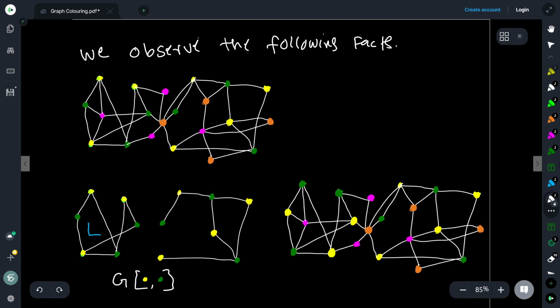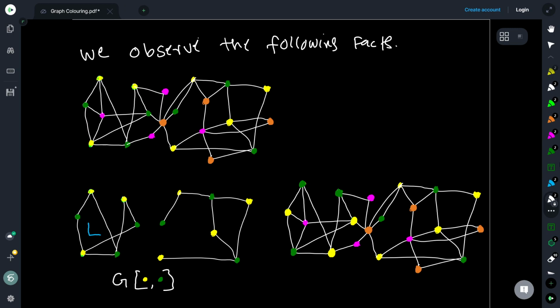Our first observation is what we mentioned in the previous class: suppose you have a proper coloring of a graph, and then you pick any subset of the colors and look at the subgraph induced by these color classes, the vertices of these colors.